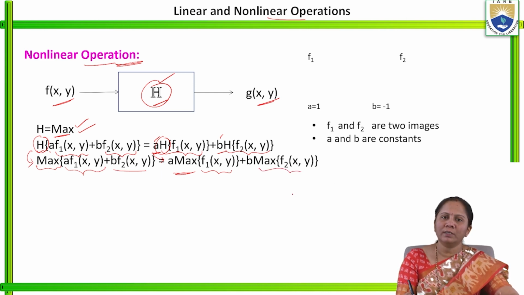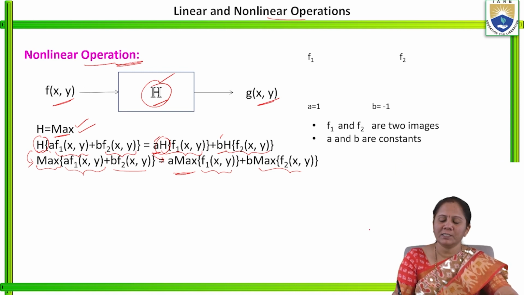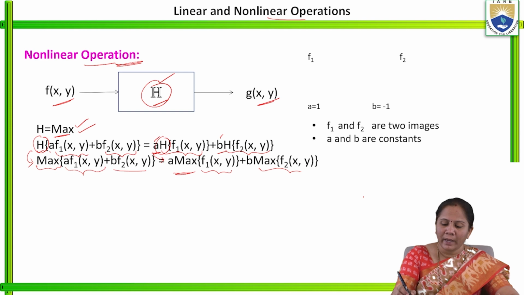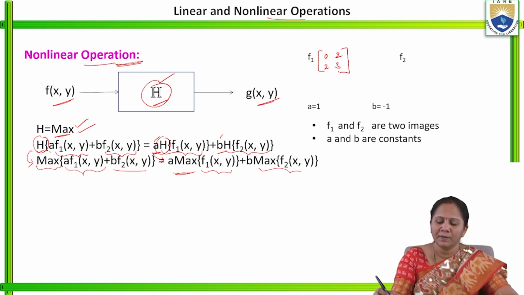So in order to clearly understand, consider the two input images f1 and f2, and the values of f1 are 0, 2, 2, 3. Any values we can consider. And here f2 is the second image. Let us consider the values of this image are 6, 5, 4, 7.